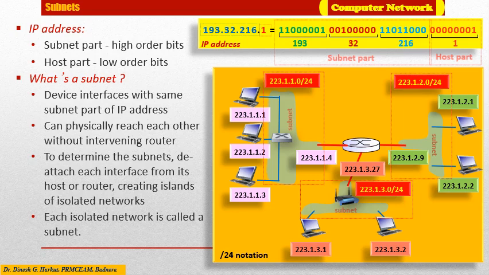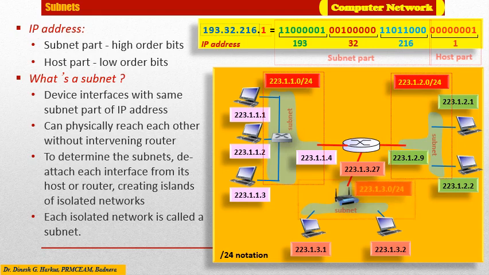These are the four interfaces wherein the first 24 bits are common among all of them, and those first 24 bits are known as the subnet part. Here we have two additional subnets. 223.1.2.0/24 means the first 24 bits, that is 223.1.2, are common among all these interfaces, two from the host side and one from the router side.